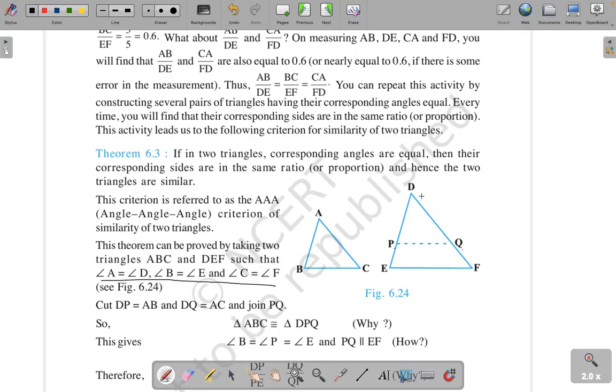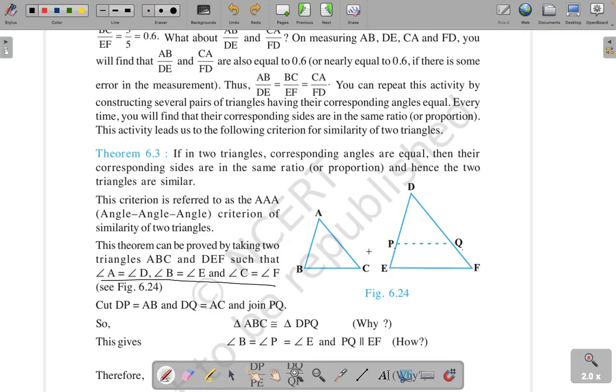There is no constraint, we can draw these lengths. Now this PQ can be like this, or like this, or a straight line like this, depending on what the value of DP and DQ is. For now we have just drawn lengths such that DP is equal to AB and DQ is equal to AC. Now we'll join these two lengths. We are not sure whether the length of this is equal to this or not.